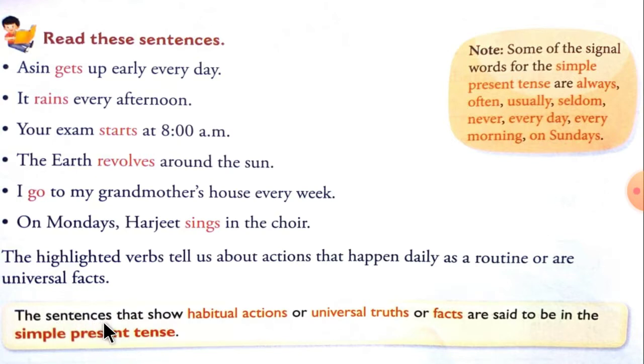The sentences that show habitual actions or universal truths or facts are said to be in the simple present tense. Some of the signal words for the simple present tense are always, often, usually, seldom, never, every day, every morning, on Sundays.